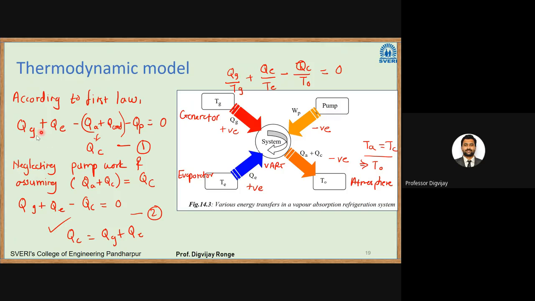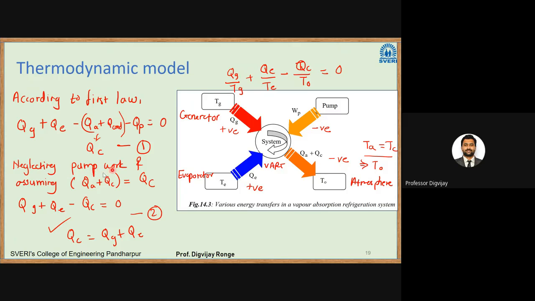In this case, as you see here, QG is positive and QE is positive because the heat is supplied to the system, minus QA plus QC, that is the heat released by the system, so that will be negative, minus QP, that is the work done on the system. So the QA and condenser heat is replaced by QC.